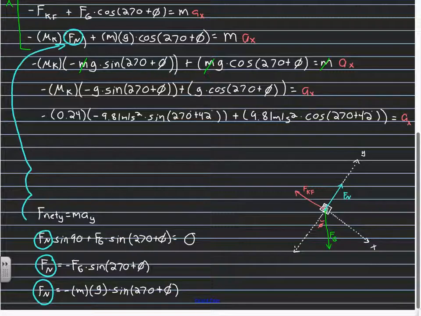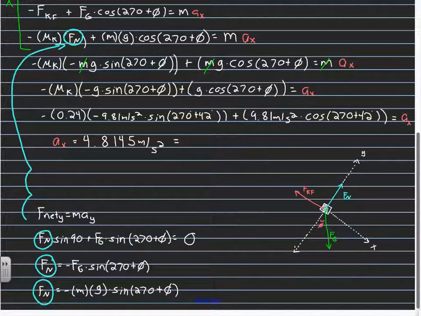All of that is plus 9.81 times the cosine of 270 plus 42. And you should get an acceleration in the x direction equal to 4.8145 meters per second squared.